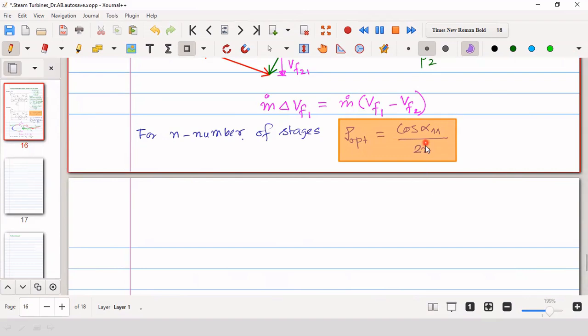Simply it is according to the number of stages.